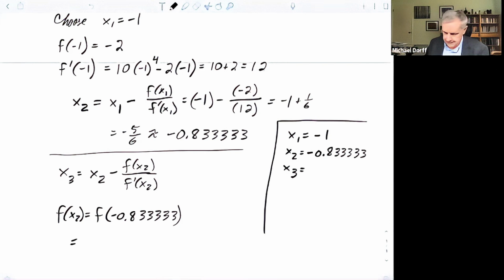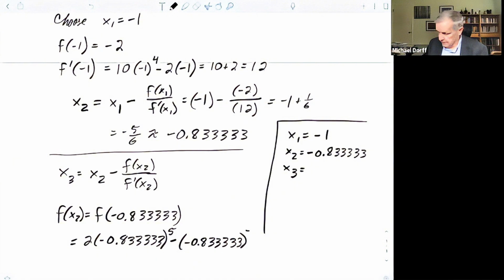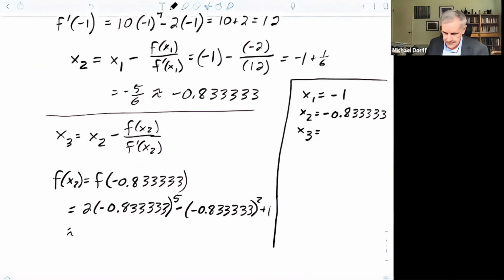All right, and that's going to equal 2 times negative 0.833333 to the fifth minus negative 0.833333 squared plus 1. All right, which is approximately equal to 0.498197.